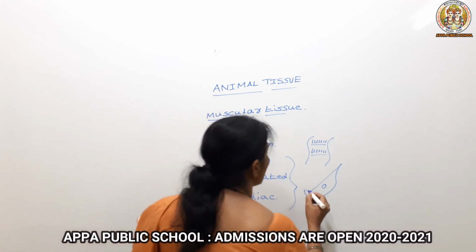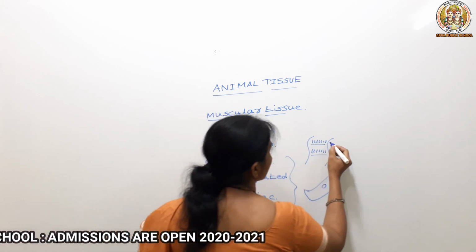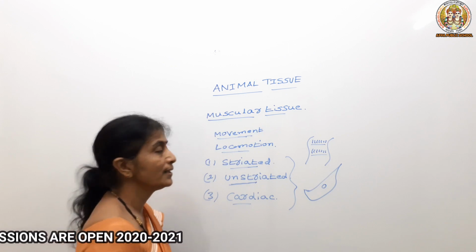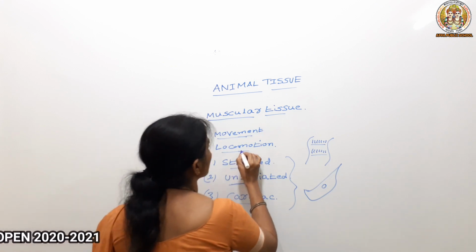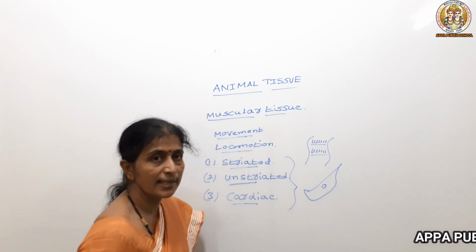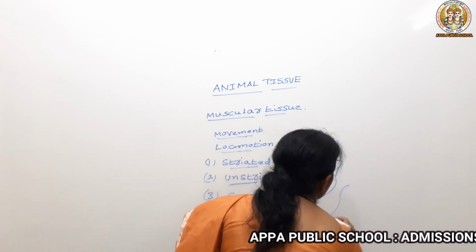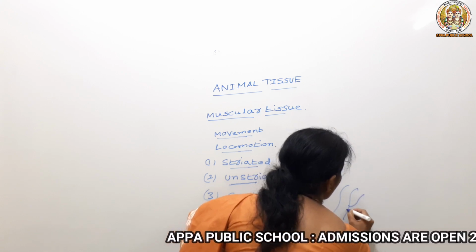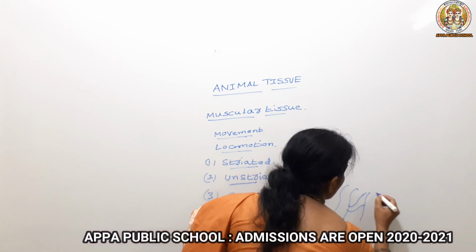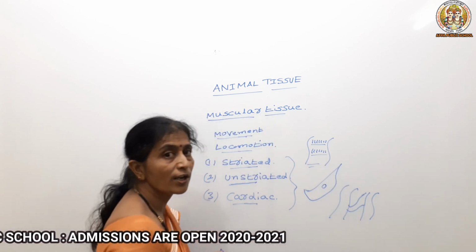Depending upon the position where they are present, their function also varies. Then the third one is cardiac. As the name indicates, it is present in the heart. The structure is branched, but in the case of skeletal or striated it is not branched.